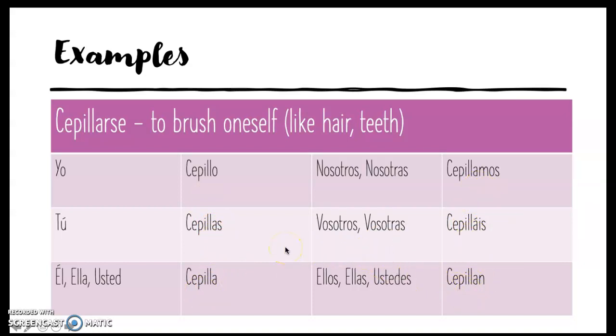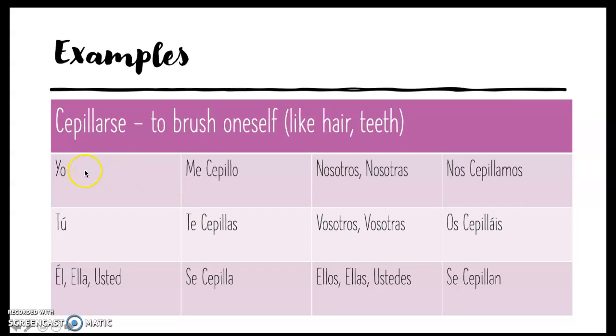Now we have to take that se and change it if needed to show the action is done to the subject. And then we add it in between the subject and the verb. Yo me cepillo, tú te cepillas, él, ella, usted se cepilla, nosotros, nosotras nos cepillamos, vosotros, vosotras os cepilláis, ellos, ellas, ustedes se cepillan.